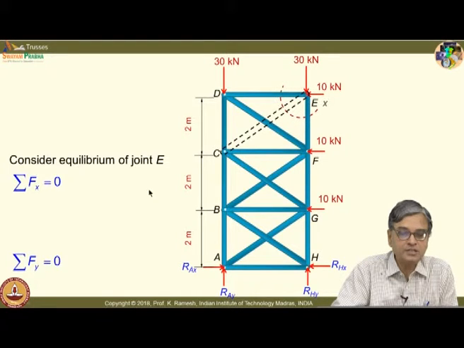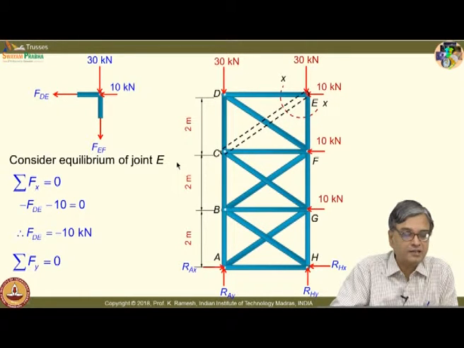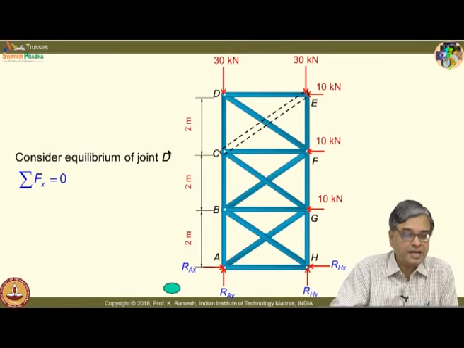So, I do this equilibrium of this joint, so that I do not have this member present in my analysis. I can directly find out the force in the member FDE, and you could get this, these are the compression.